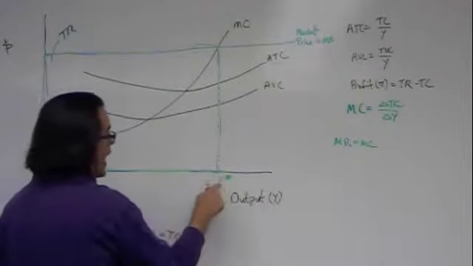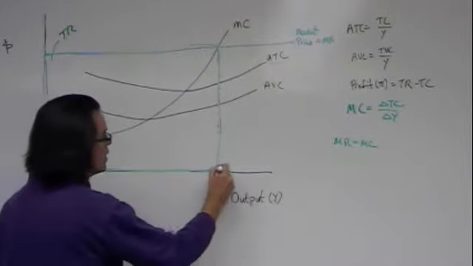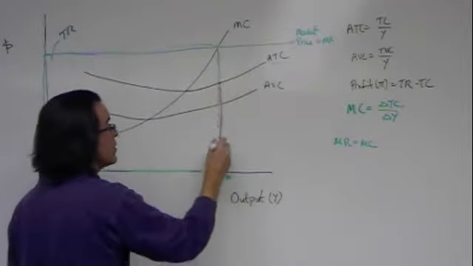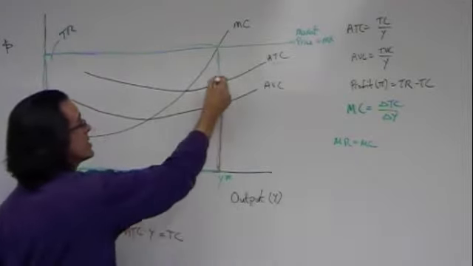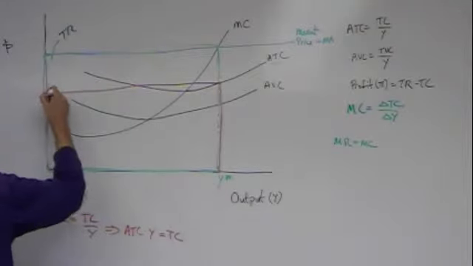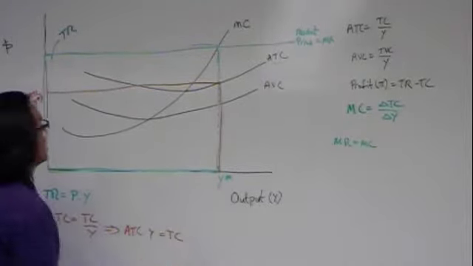So at this level of output, what is the average total cost? Well, we'll just go straight up. Wherever this slice intersects that average total cost curve, we'll draw a line straight across.